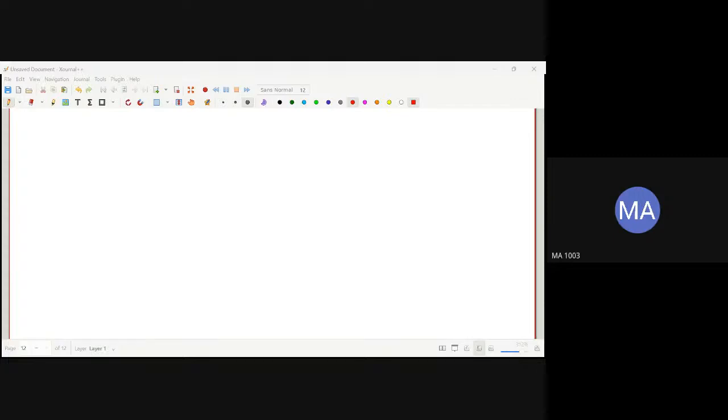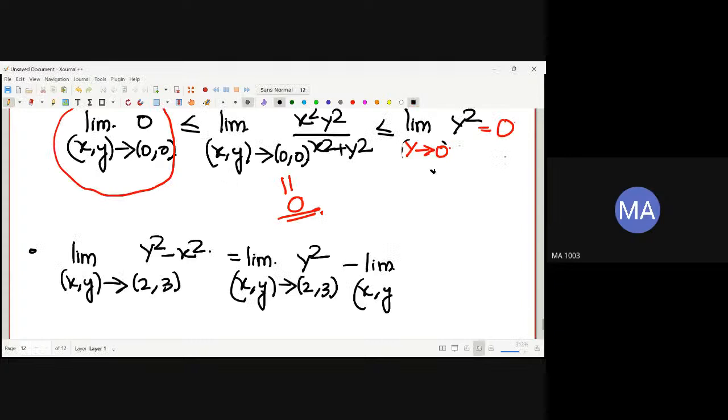At (2, 3), y square minus x square, right? And what is this limit? So this will be 9, 9 minus 4, 5. Okay, sir. Yeah.